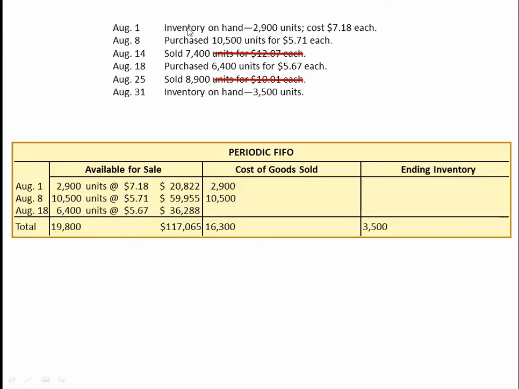There's the first in, this is the next one in, and this is the next one in, 6,400 units. But we didn't need the whole 6,400 units, and how we get 2,900 is we just take 16,300 minus 2,900 minus 10,500, and we only need 2,900 out of that.